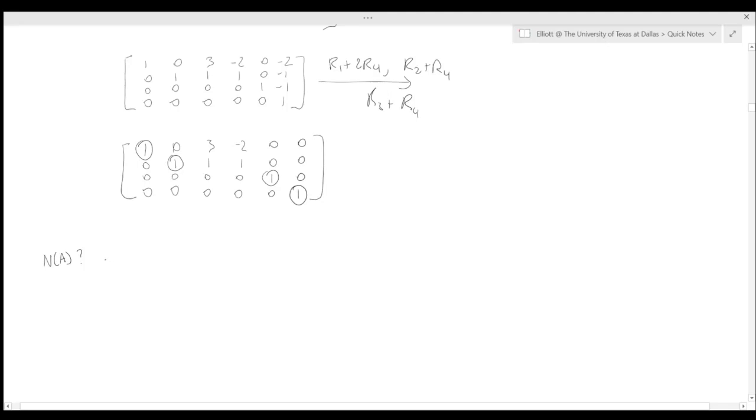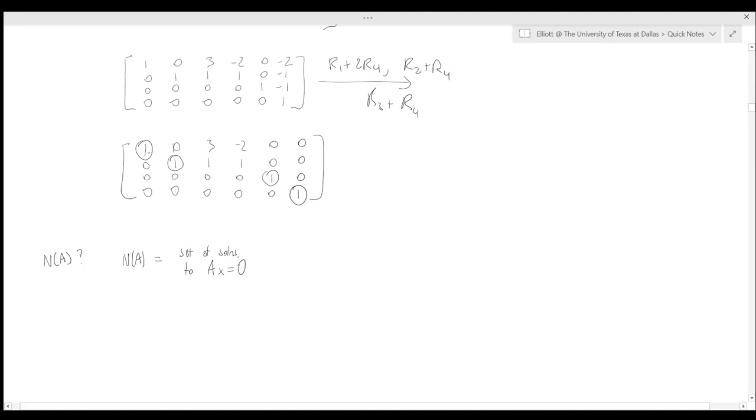So remember that the null space was the set of solutions to the equation Ax equals 0. So here I've already reduced my matrix.